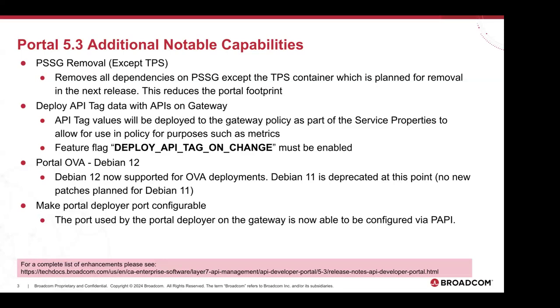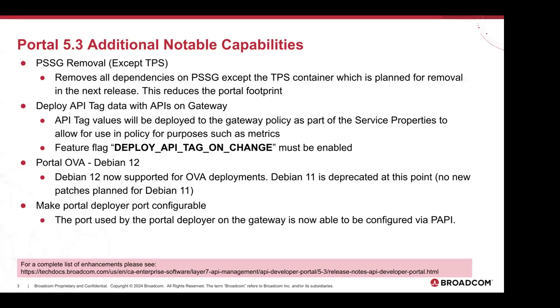Another capability was the ability to deploy API tag data to the gateway. This will actually be deployed as part of the service properties for the policies that are running on the gateway. To leverage this capability, you will need to enable the feature flag deploy API tag on change. That will push API tag data to both portal published and gateway published APIs.